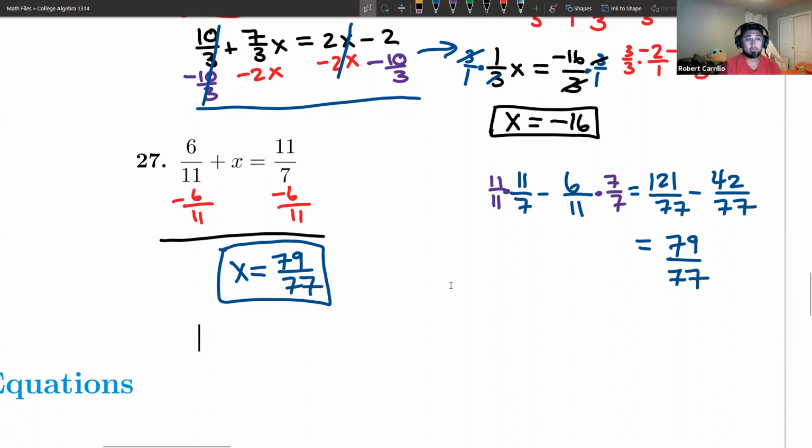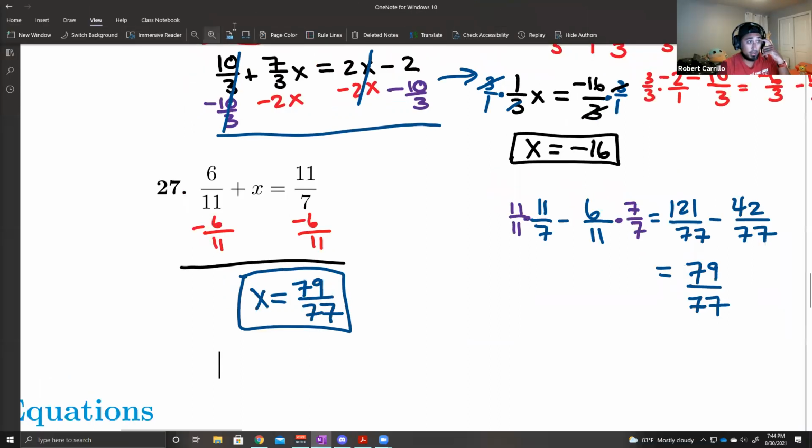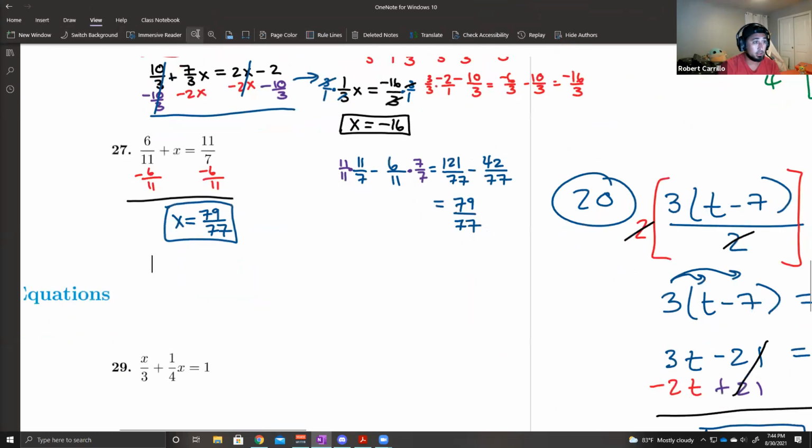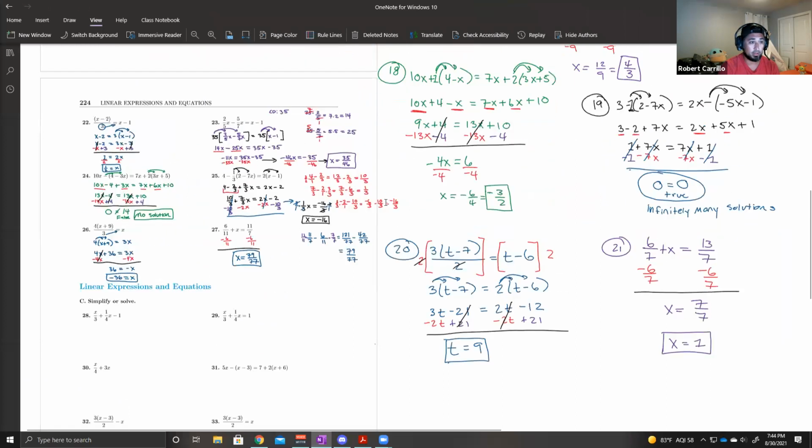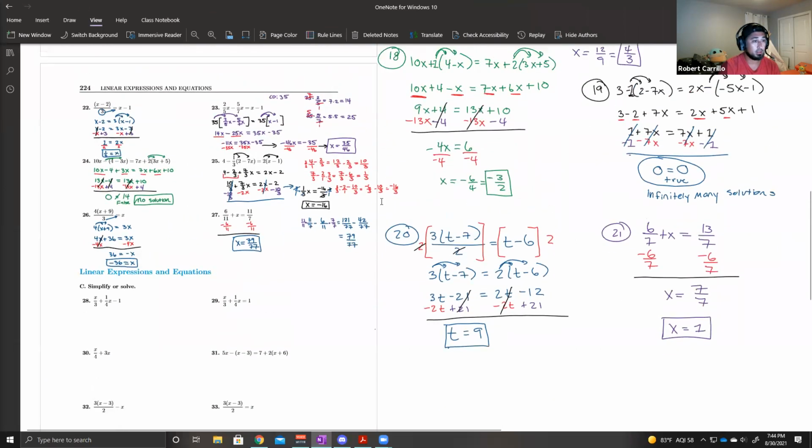Okay. Awesome. So let me zoom out for a bit. That was, oops, sorry. Let's see. There we go. That's better. That was the rest of them, 22 through 27. So any questions on those before beginning part C?